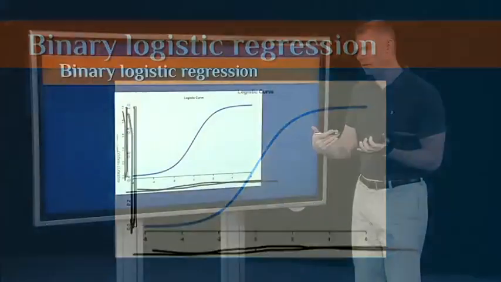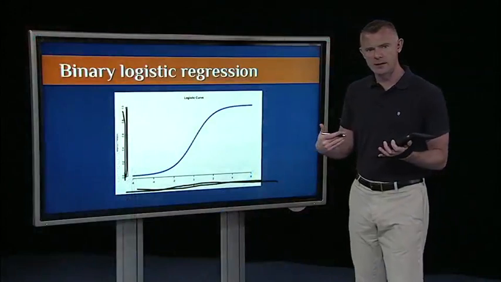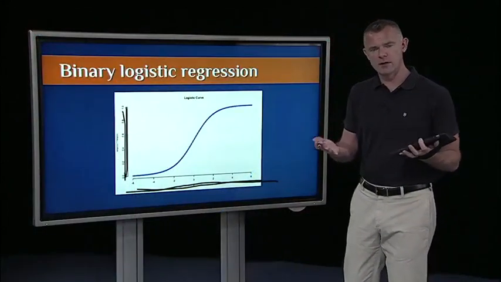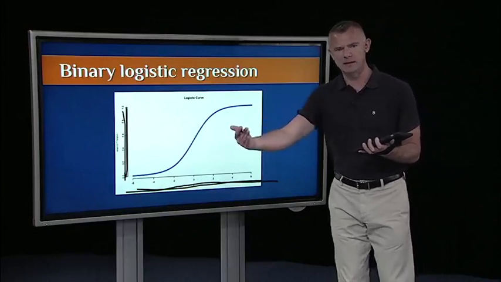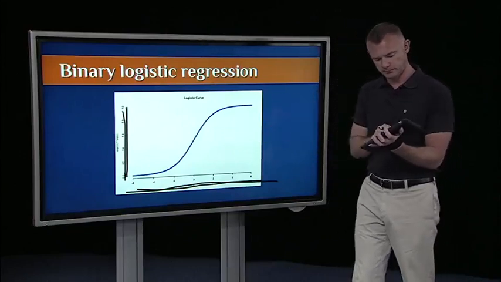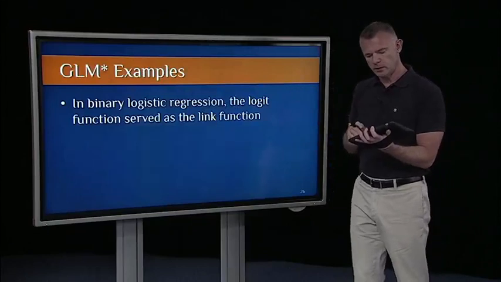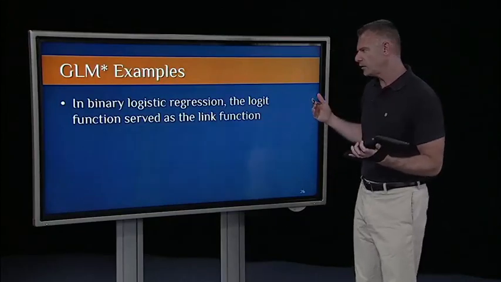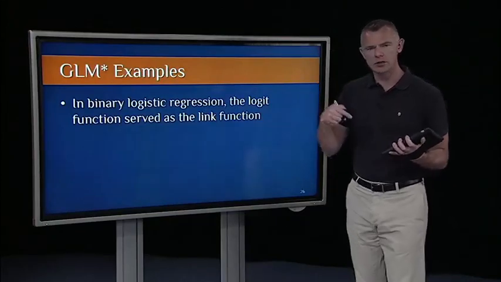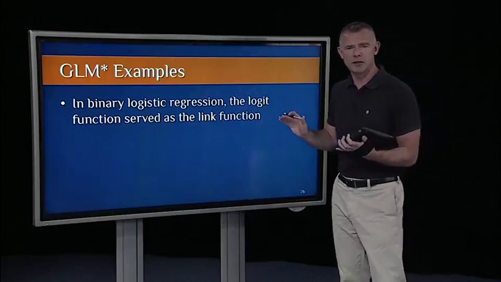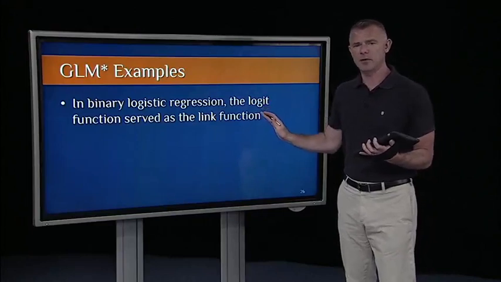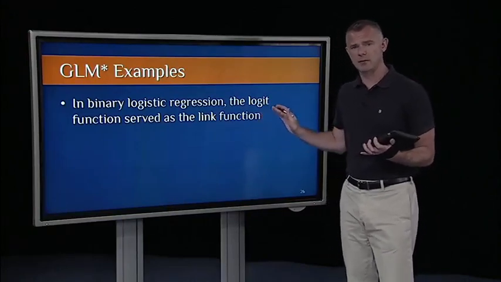And that was necessary in order to satisfy the requirement that we get predicted scores that wind up landing near 1 or near 0. So in binary logistic regression, the logit function served as the link function. So we actually have already done an example of generalized linear model.